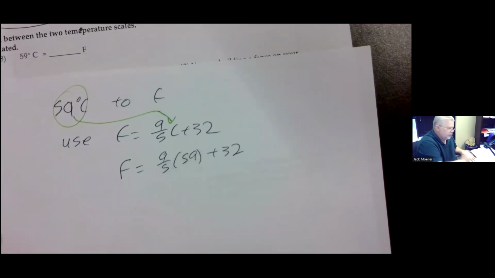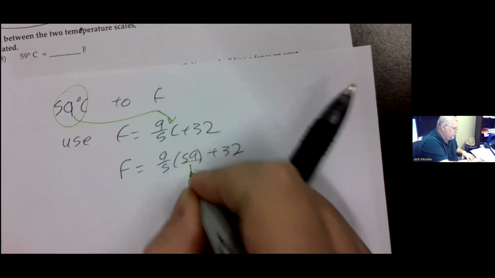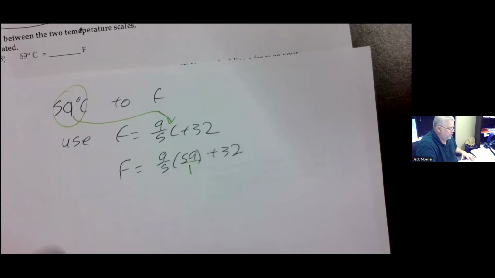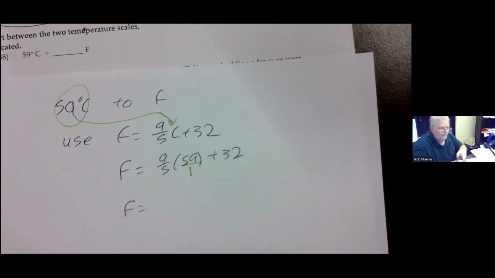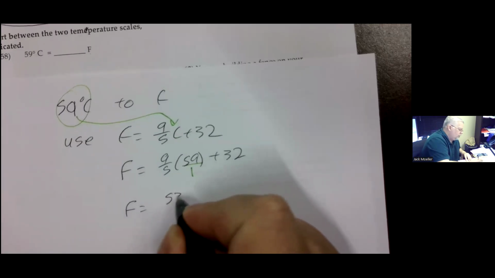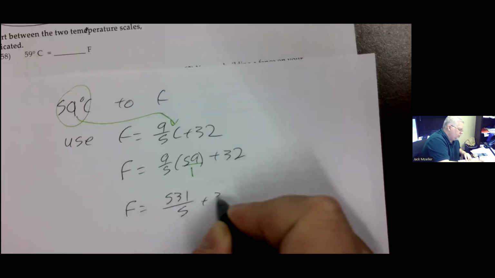Well, how do you deal with this? My recommendation is, since we're dealing with a fraction, put that over 1. So you have 9 times 59. I just have to do my multiply first. 531 over 5 plus 32.